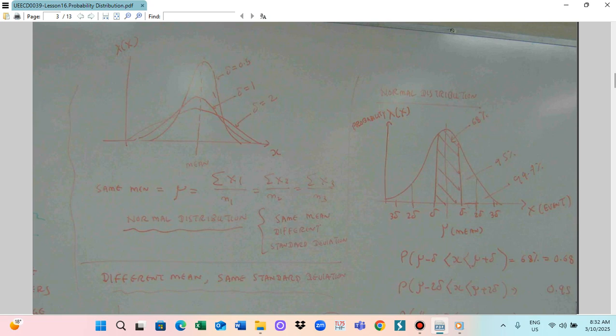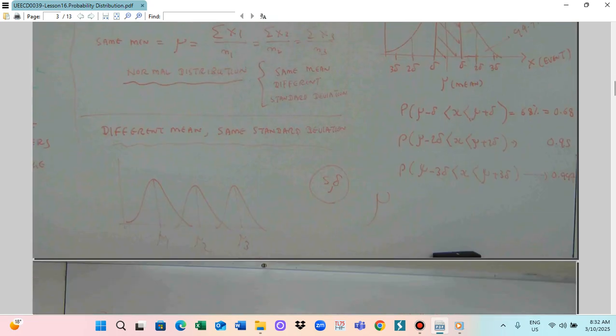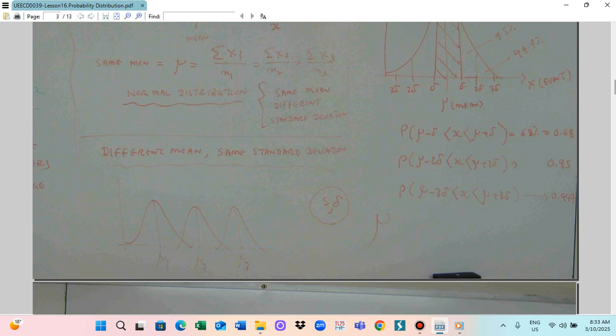And sometimes you can see a different mean and the same standard deviation. So we also plot another graph: different mean and same standard deviation. So those graphs are the same shape.